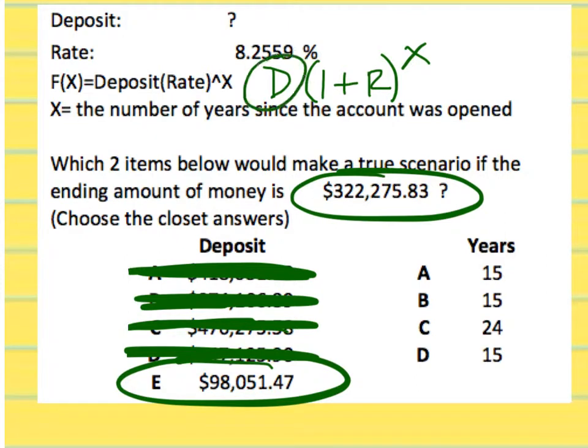We have just entered in 98,000 and some change for D. We have a parenthesis here, 1 plus, and now we're on the rate, which we are changing to a decimal. So 0.082559. Right hand parenthesis, and then caret. Insert 15. And see what we come back with.